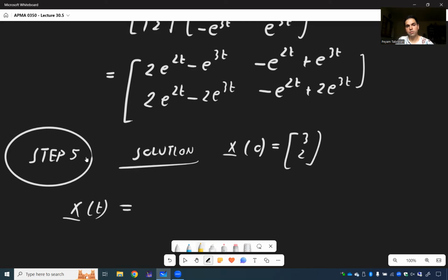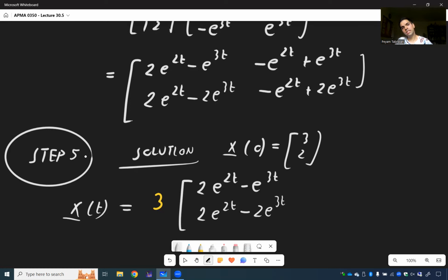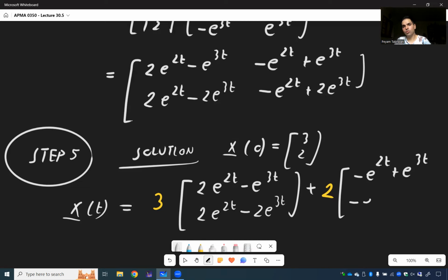So it turns out it's precisely 3 times the first column, (2e to the 2t minus e to the 3t, 2e to the 2t minus 2e to the 3t), plus 2 times the second column, (minus e to the 2t plus e to the 3t, minus e to the 2t plus 2e to the 3t).